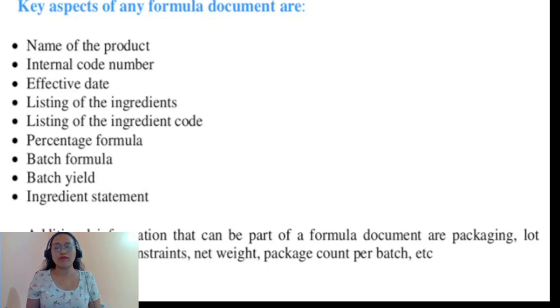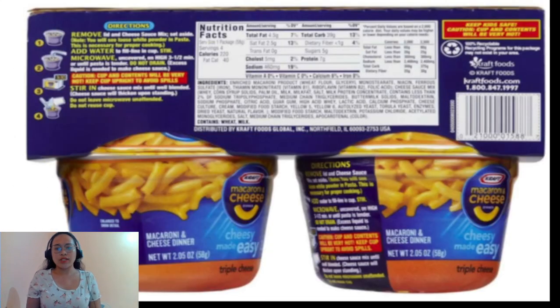Additional information that can be part of a formula document are packaging lot size, regulatory constraints, net weight, package count per batch, and so on. Here are example pictures of this product, showing procedures, ingredient specifications, nutrition facts, and labeling.